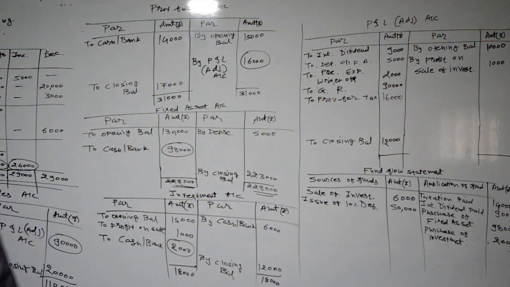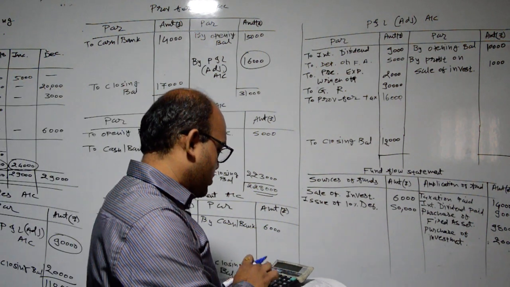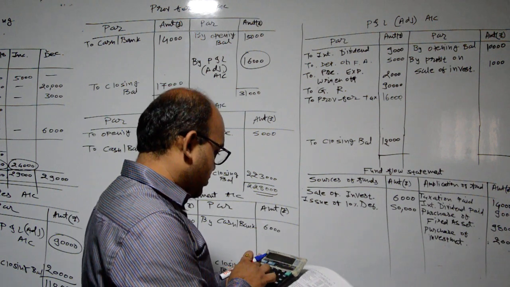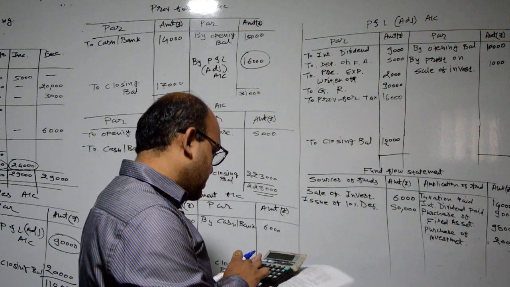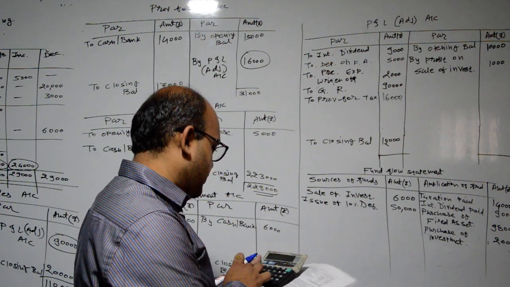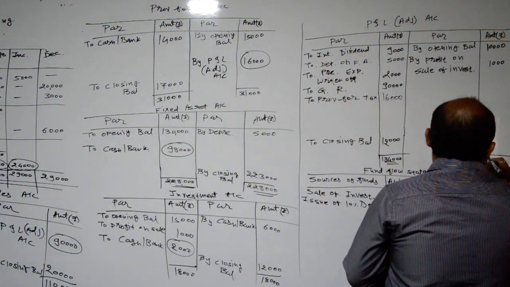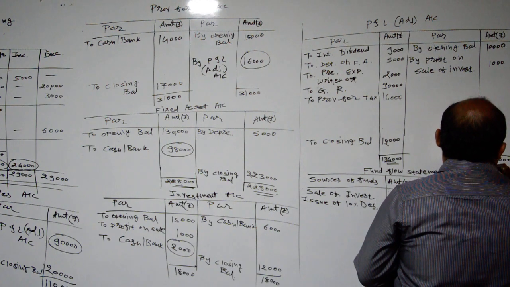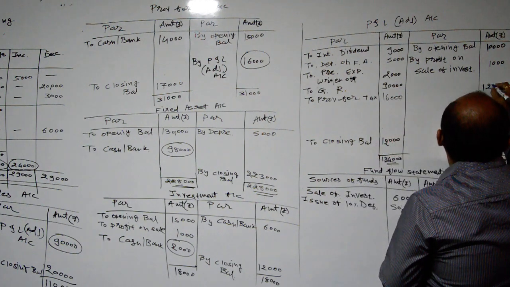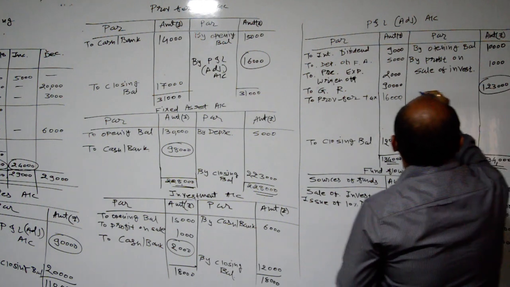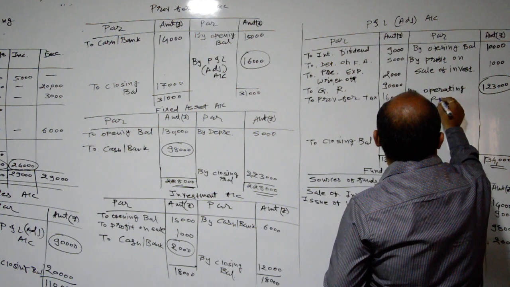Then P&L adjustment account, we have to find out operating profit. For that purpose, 9,000 plus 5,000 plus 2,000 plus 90,000 plus 16,000 plus 12,000 means 1,34,000. 134 minus 11,000 is 1,23,000, by operating profit.